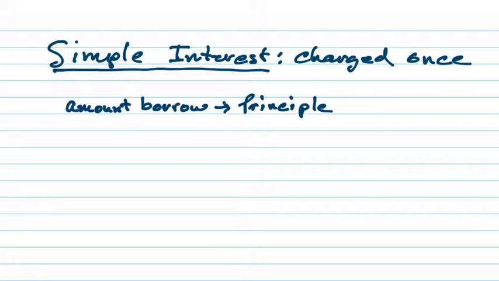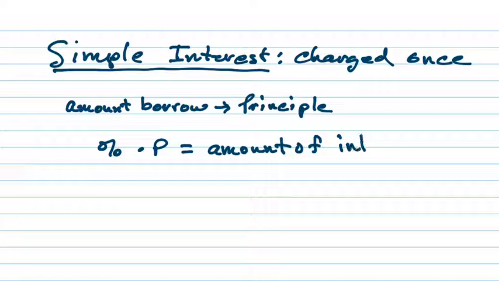So you're going to pay interest based on how much you borrow, on the principal. Right? So all we need to do to find simple interest is to take the percent times the principal, and that's going to give you the amount of interest. So it's simply a percent of a number, just like we've been doing.